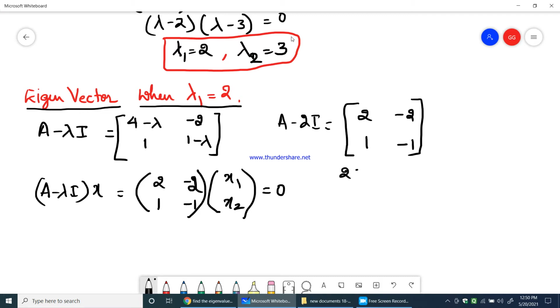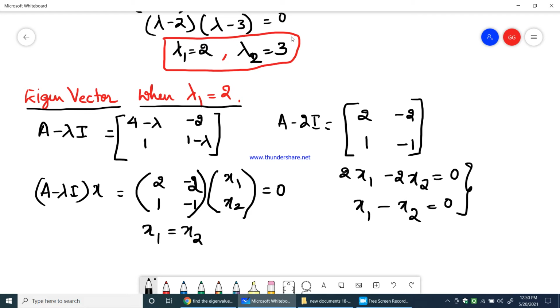Therefore I get 2x1 minus 2x2 equals 0, and x1 minus x2 is equal to 0. In both the equations you see x1 and x2 are equal. If I substitute x2 to be equal to 1, then x1 will also be equal to 1. Therefore the first vector x1 equals 1 and 1. So this is the first eigenvector which we have got.